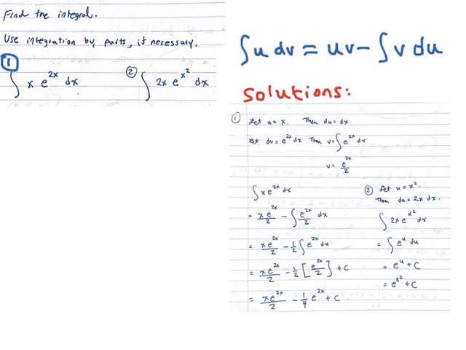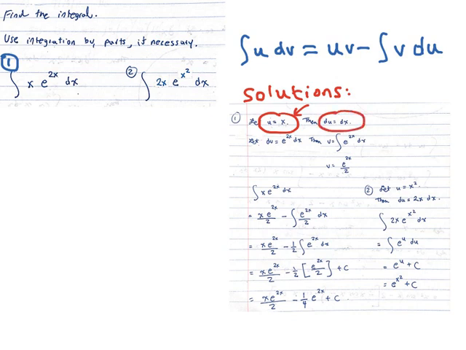So to do integration by parts for number 1, we have to begin by choosing u and dv appropriately using the guidelines. So we want to choose u to be such so that its derivative is simpler than u. And of course, if you choose u to be x, the derivative of x is 1, which is simpler than x.